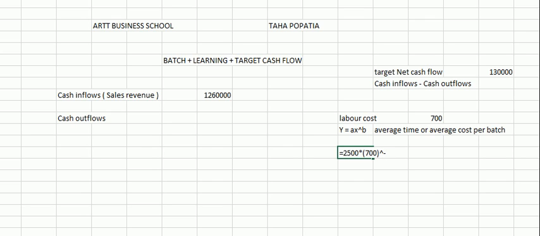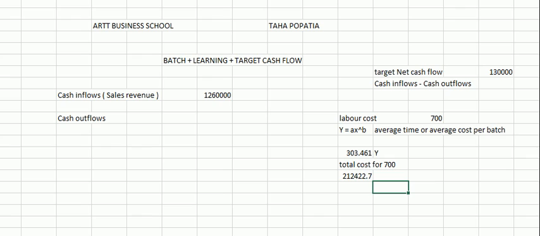So y equals 2,500 multiplied by 700 to the power of negative 0.3219, which is 303.461, our y for 700 batches. The total cost for 700 batches would be 700 multiplied by our y or average cost, and it is 212,422.7. This is the cost for the entire 700 batches.